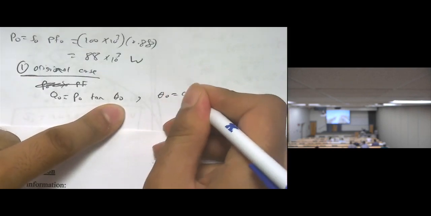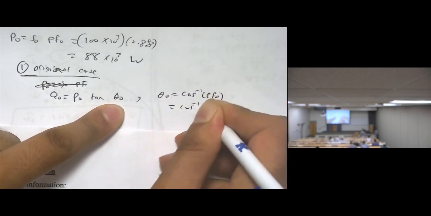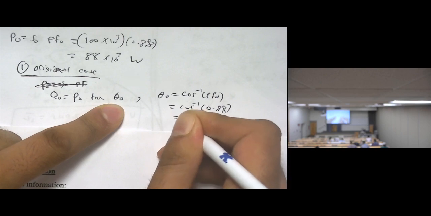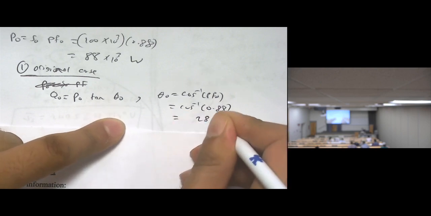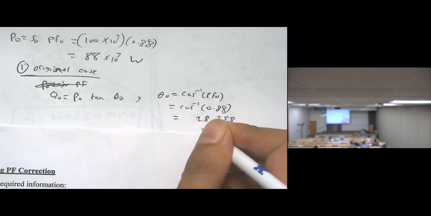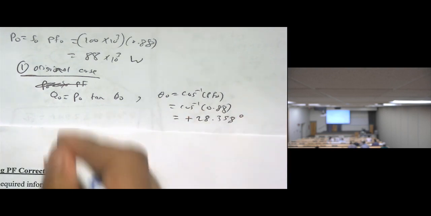Theta O equal to cosine inverse of power factor original, which is cosine inverse of 0.88. Then it's going to be 28.358. Is it positive or negative? Positive because it's lagging. Then substitute it.